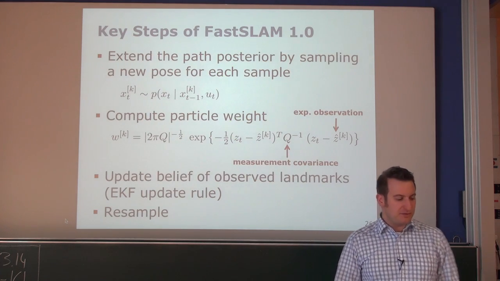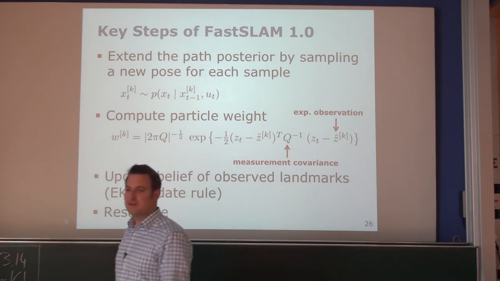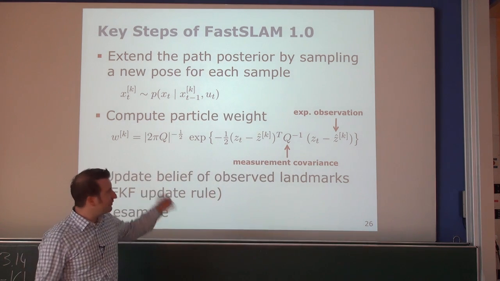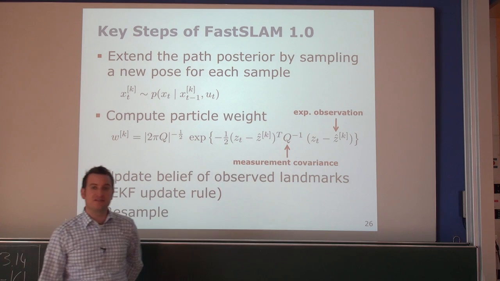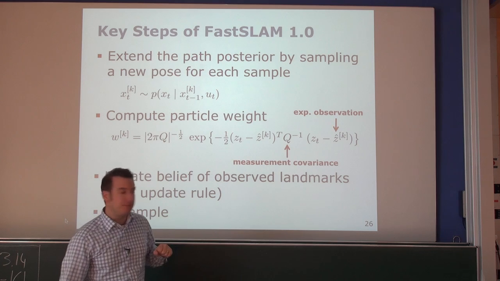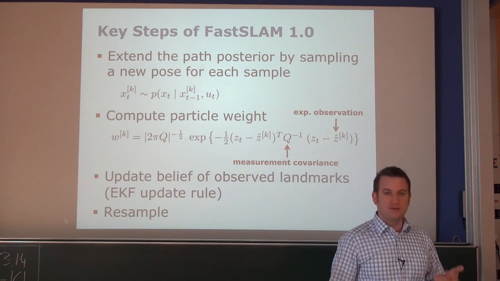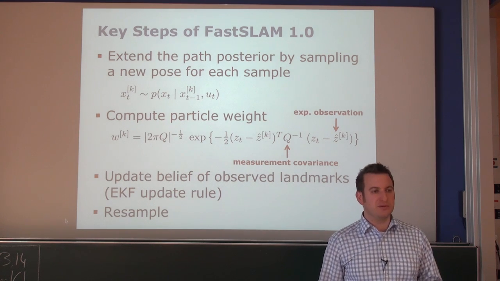Okay, let's look at the key steps of FastSLAM, and we look into so-called FastSLAM 1, which is the first generation of FastSLAM. There's a second generation of FastSLAM, but what I explained here is known as FastSLAM 1. It draws samples according to the standard odometry model that we used in localization.